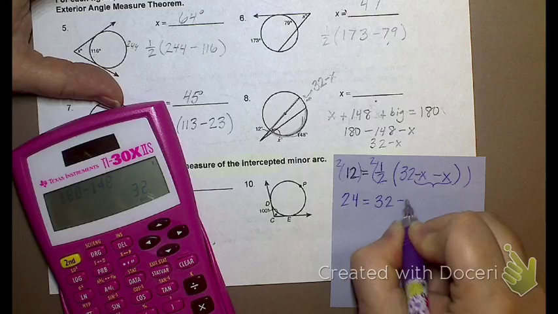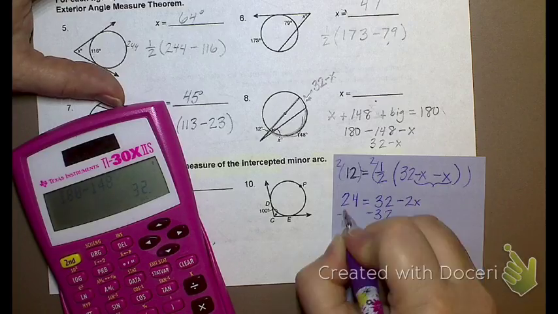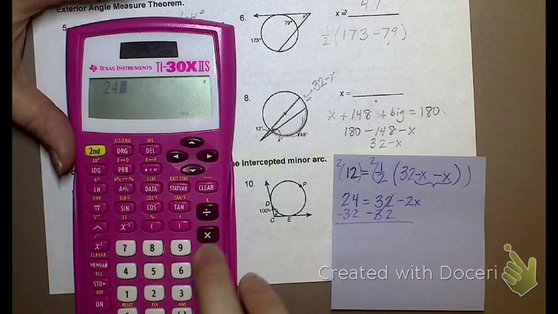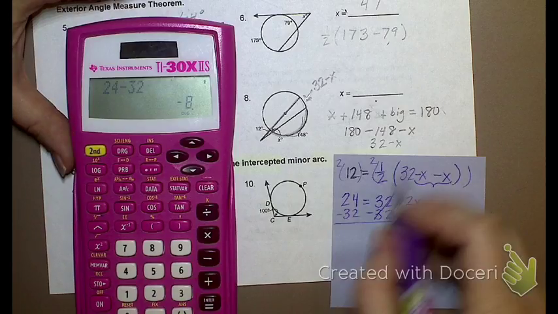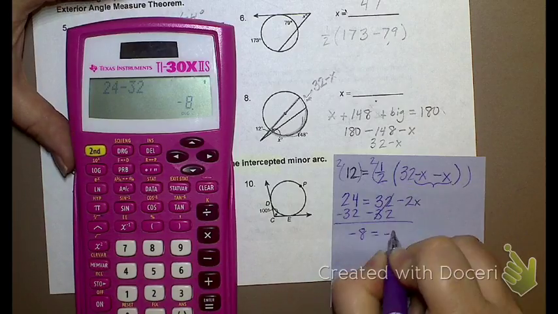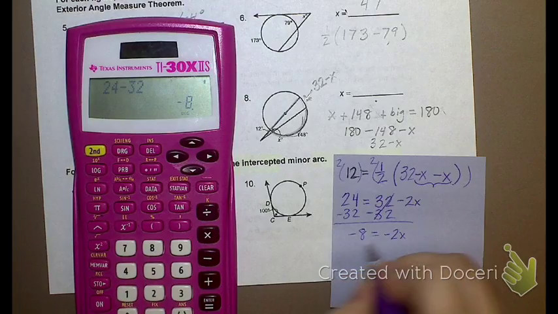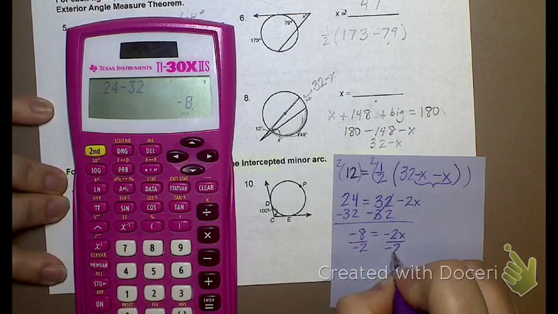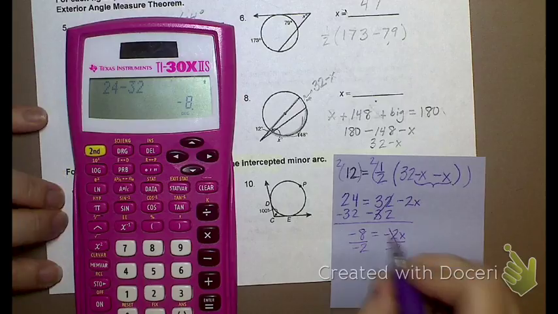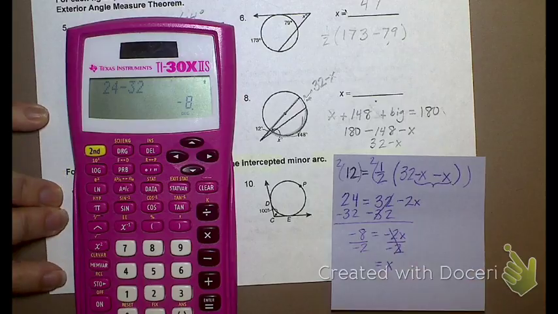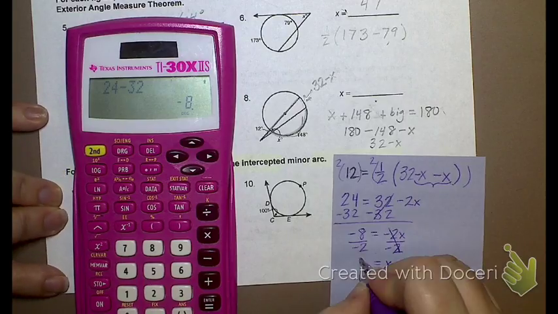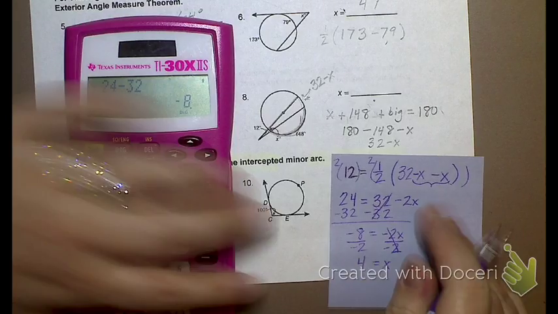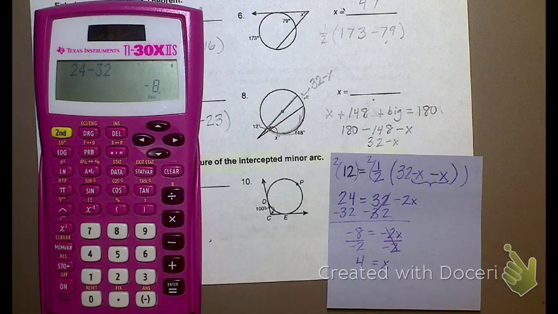So I'm going to subtract 32. 24 minus 32 is negative 8 is equal to negative 2x. Divide by negative 2. Thank goodness I'm dividing by a negative because I needed to end up positive somehow. Negative 8 divided by negative 2 is 4. So for number 8, I get x equals 4 degrees.